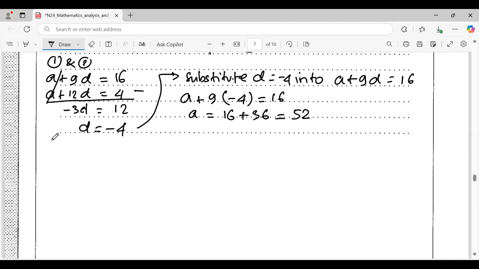And next, uk means a plus k minus 1 times d equals 0.